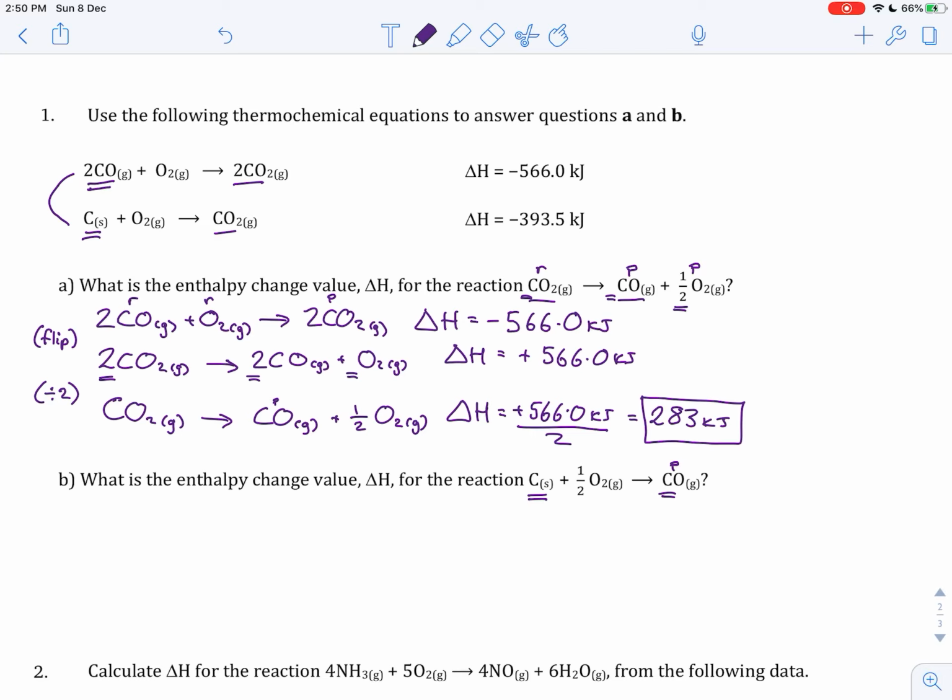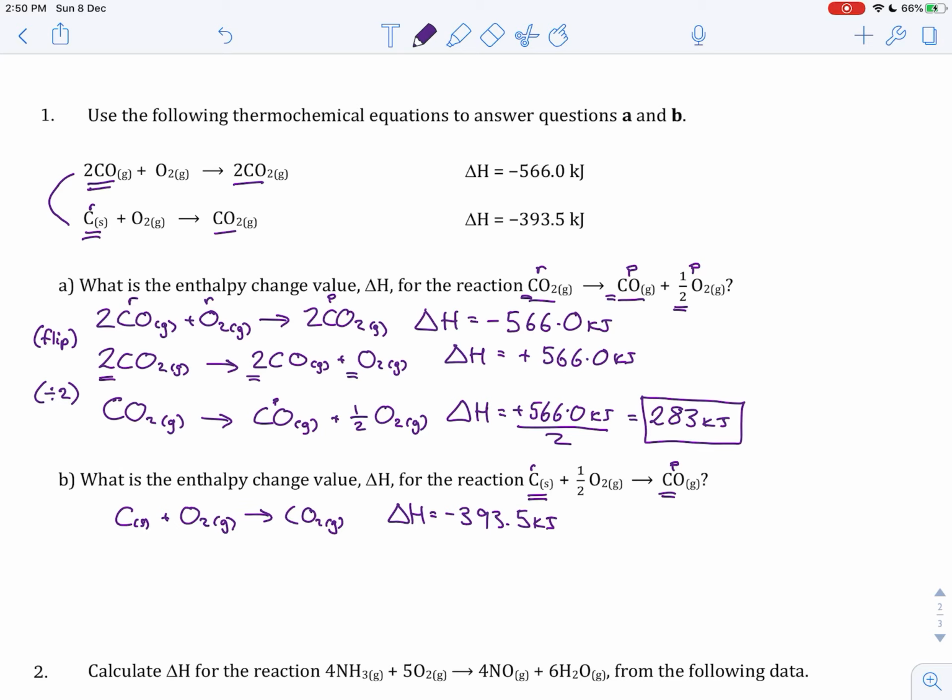So we can write that equation, or we will be using that equation. We're also looking at 1 carbon solid, which is exactly as it is. This is a reactant, and this is a reactant. So we're going to be combining these two equations. So carbon solid plus oxygen yields carbon dioxide, and this is 393.5 kilojoules.